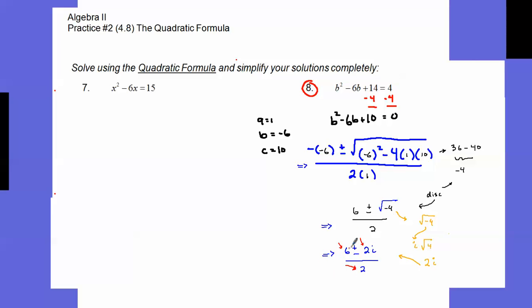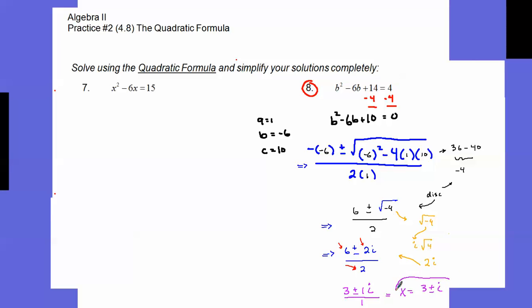So we need to do that. 6 divided by 2 gives you 3, plus or minus 2 divided by 2, which gives you 1i. The denominator, 2 divided by 2, gives you 1. It's unnecessary to write these, so we could simply write x is equal to 3 plus or minus i.